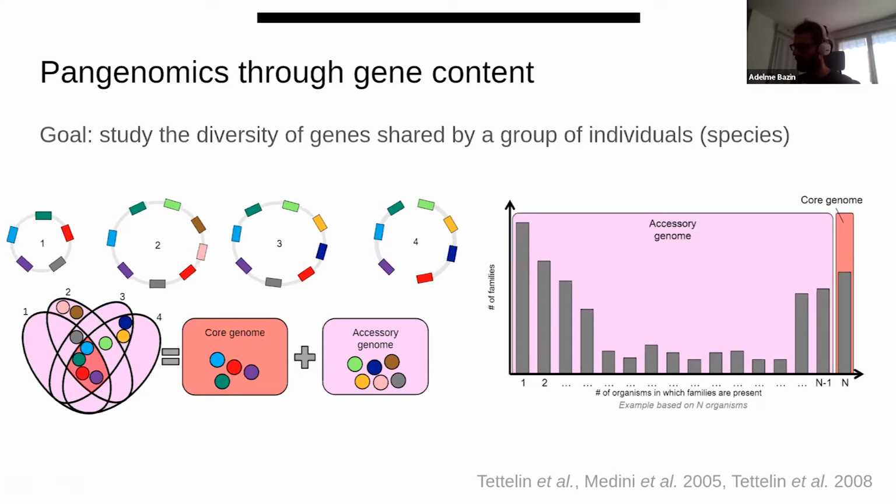However, as you can notice, it's not very stringent, as if you have gaps in your assemblies, for example, you might be missing genes in your assemblies, but the genes are actually present in the genome that you're studying. So it will drop the core genome artificially.